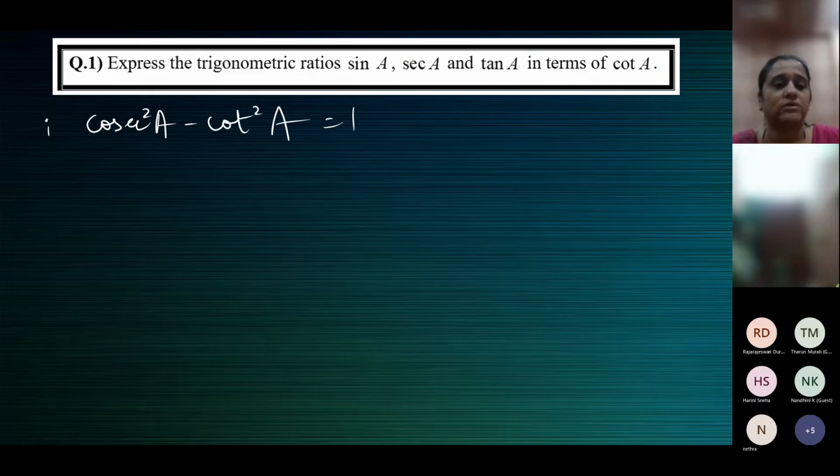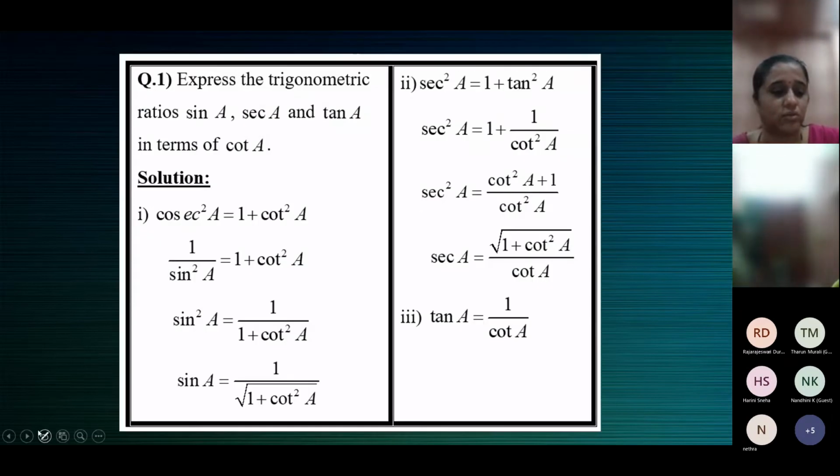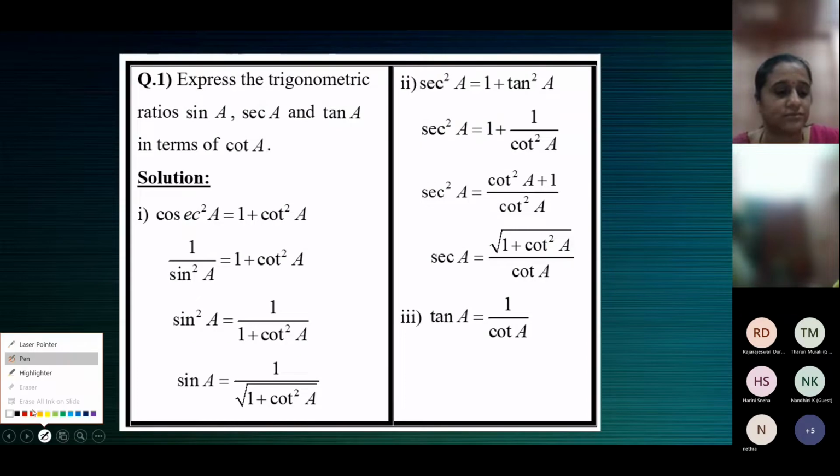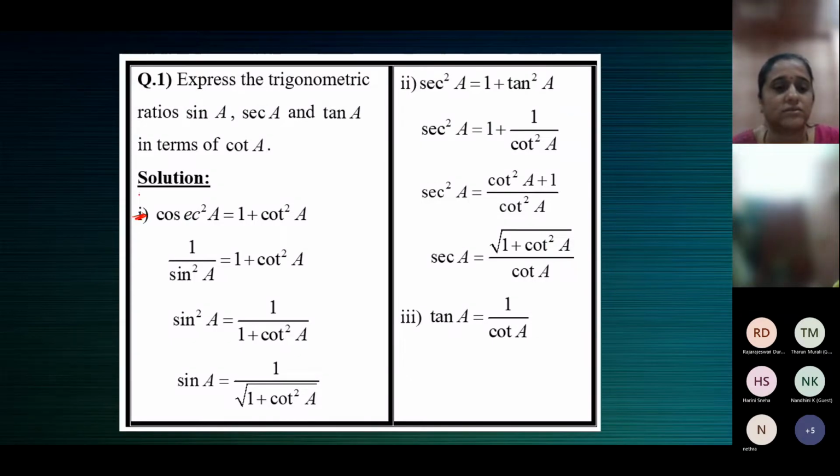For the first one, please write it like this. Cosecant square A is equal to, okay, 1 minute. That means I'll just write that step in the numerator. Just start like this: cosecant square A minus cot square A is equal to 1. Then cosecant square A is equal to 1 plus cot square A and all that.